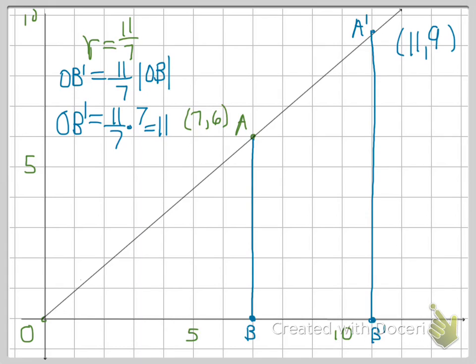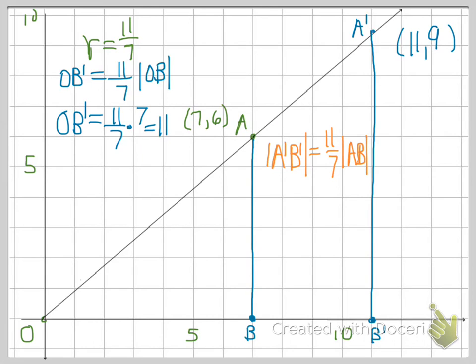Okay, so since I have a dilation here, I know that the length of A prime B prime, and I'm going to write this equation right in the middle of my diagram here, is going to be the scale factor, which is 11/7, times the length of AB.